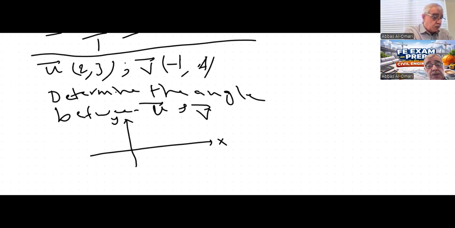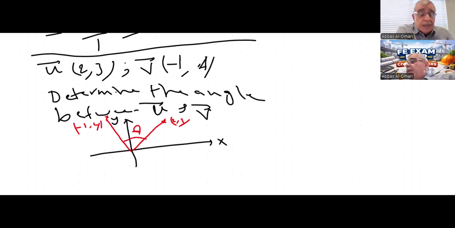This is u, the position vector for u. Now v is -1 and 4. So -1 is here, and 4 is here. This is the position vector for v. It is required to determine this angle, the angle between these two vectors.